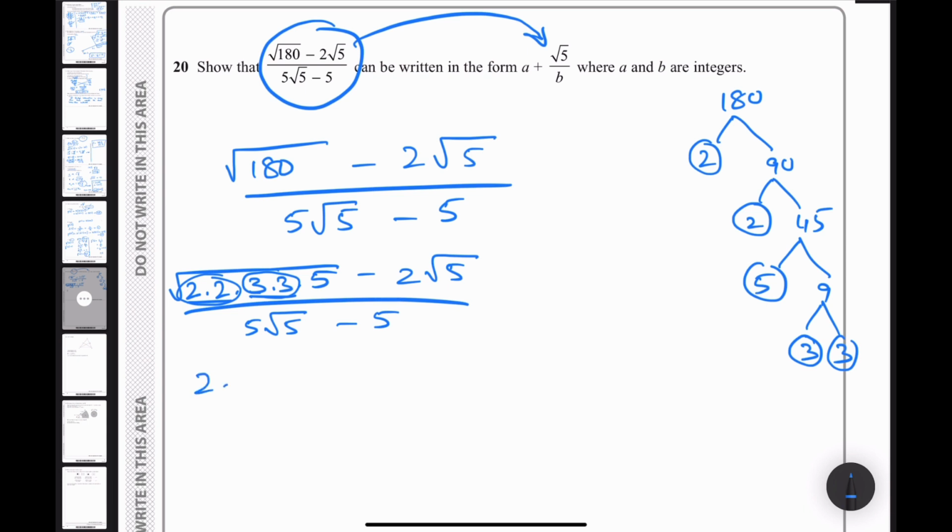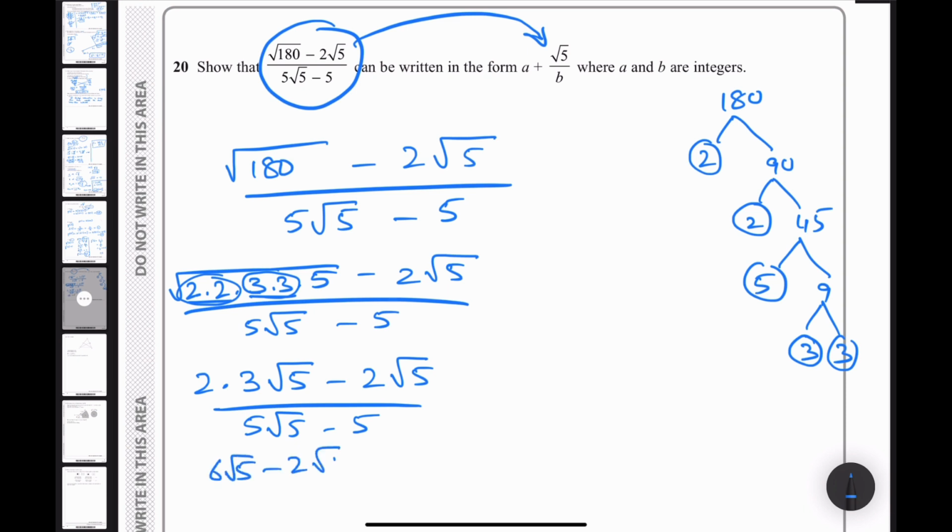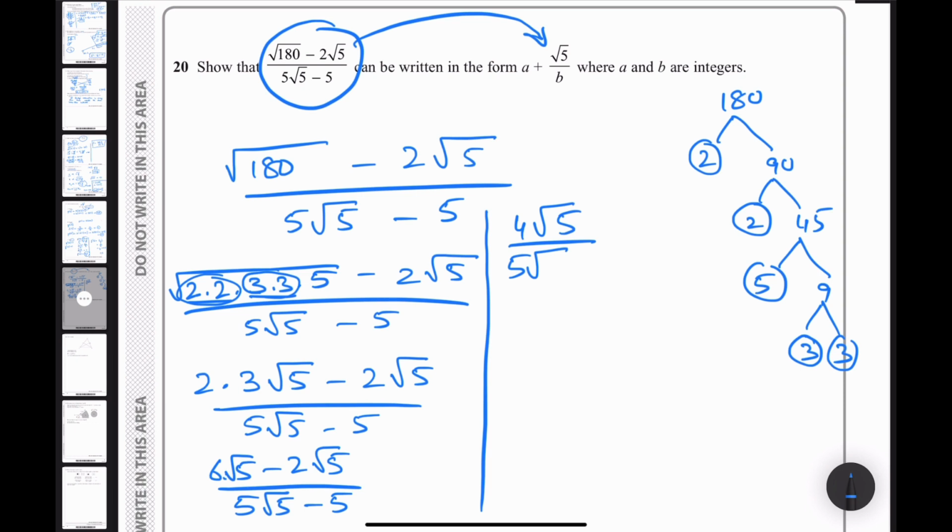So it'll be like 2 times 3 times square root of 5 minus 2 square root of 5 divided by 5 square root of 5 minus 5. 2 times 3 is 6, so 6 square root of 5 minus 2 square root of 5 divided by 5 square root of 5 minus 5. Now 6 minus 2 will become 4 square root of 5 divided by 5 square root of 5 minus 5.